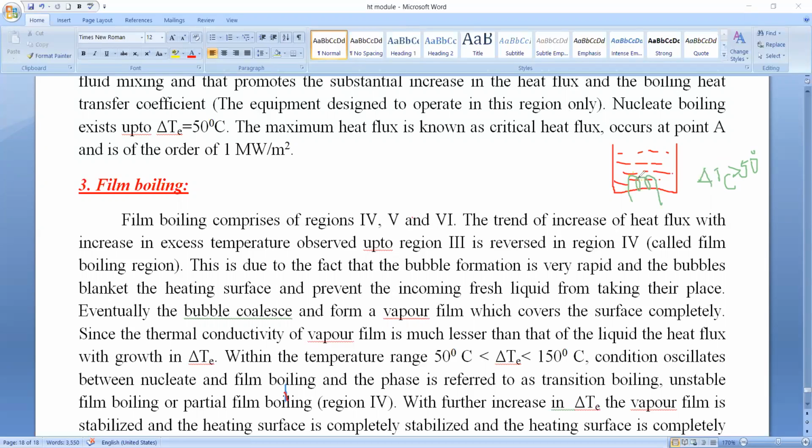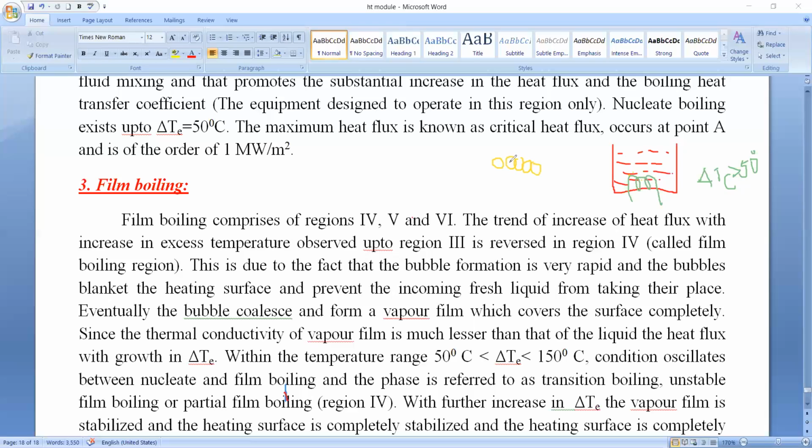A small film is formed over the surface of this heater. So that is known as film. So these are the bubbles which are formed over the surface of the metallic heater.